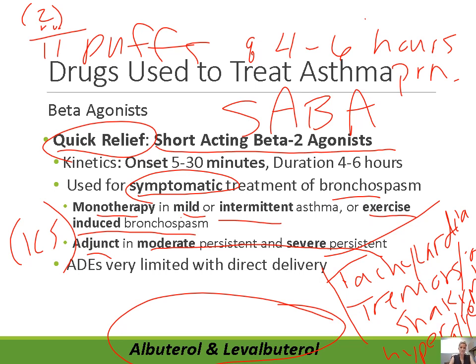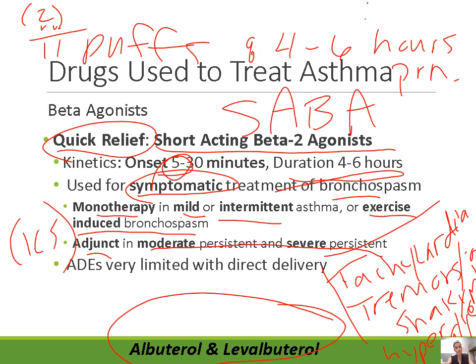The onset of action is quick, okay, so 5 to 30 minutes, and really closer to this 5-minute mark. Duration is 4 to 6 hours. So 2 puffs. If 4 hours later the patient still is feeling short of breath, then they can use it again. But they don't have to, only as needed.